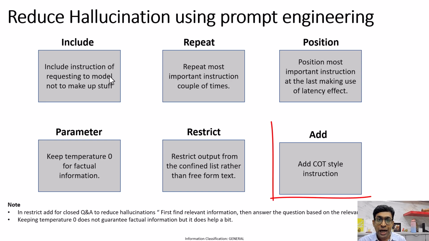Or you add something like chain of thought, where you simply add a line at the end saying, think step by step. This makes the language model think harder. Also, it gets more time to analyze the answer.